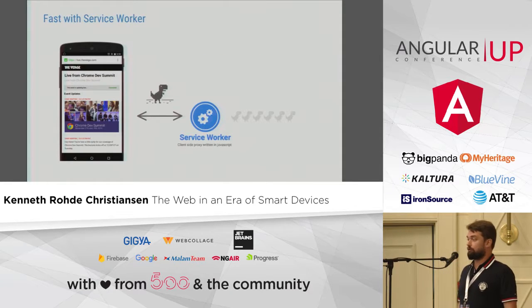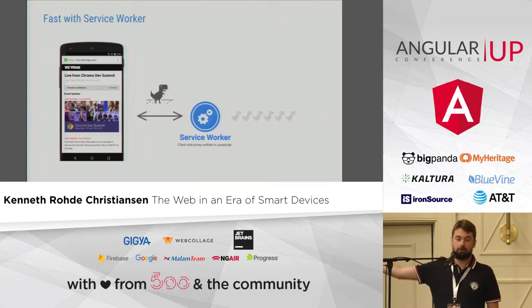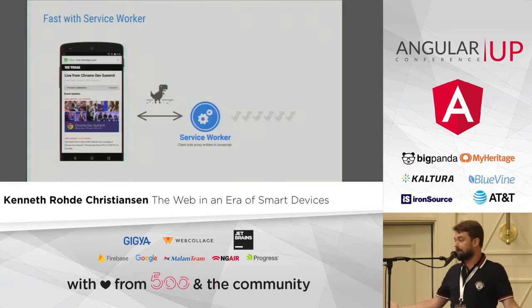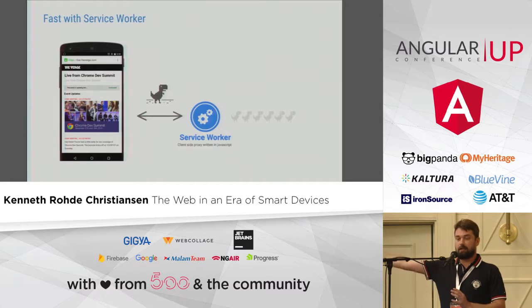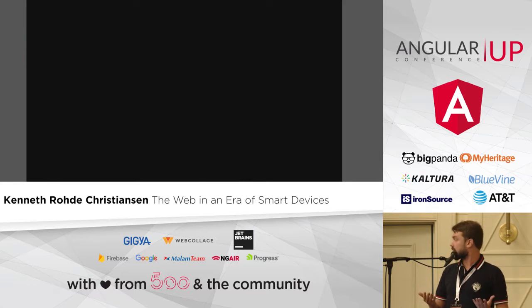So we have a new thing called service workers. Some of you might have attended the other talk in the other room today, so you know all about that. But it's basically like a proxy server sitting between the internet and your device. So if you're not online and you have things stored in your service worker, it can still work offline because it will have all the resources.